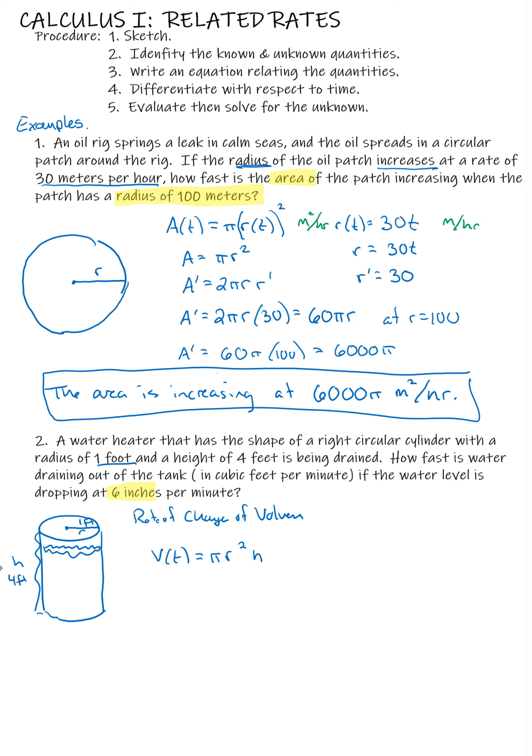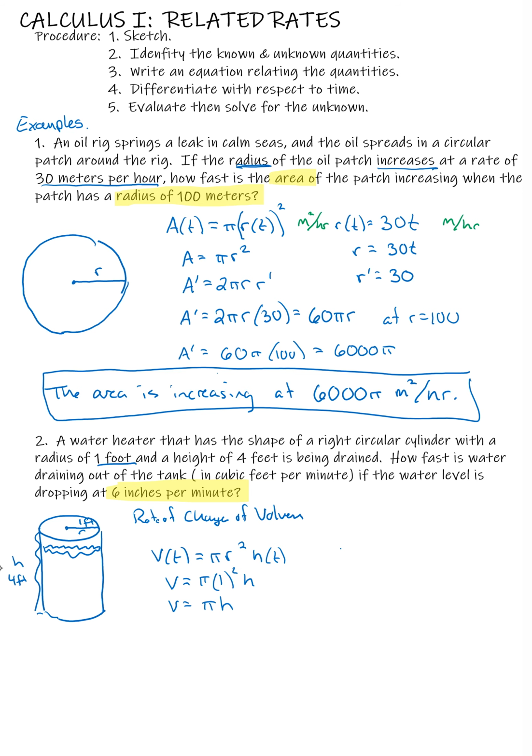It is dropping at 6 inches per minute. That is a change in the height. So that height is also changing, so that means I'm going to have to write the height as a function as well. So we can simplify this just a bit. We know that the radius is 1. That does not change. So that gives us that V is pi h.